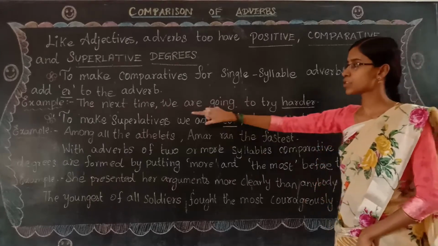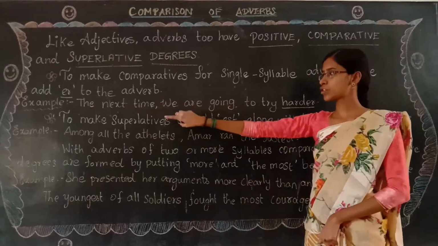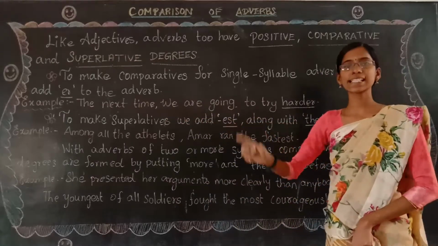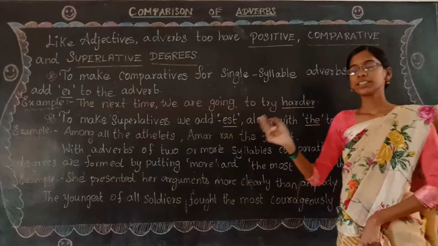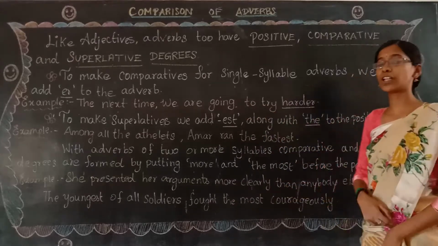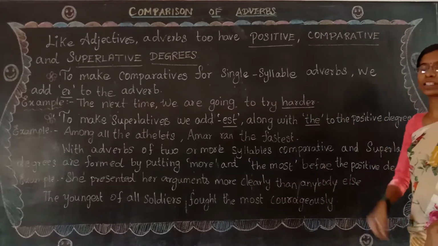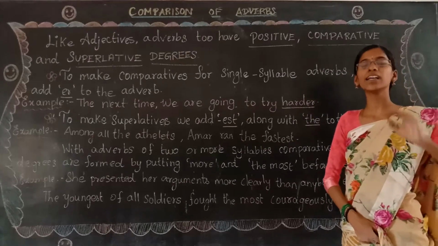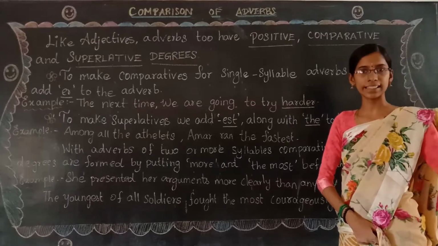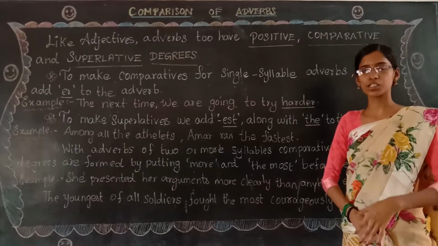So in superlatives, okay, you have to add two things. One is EST after the adverb. The other is you have to add THE in front of the positive degree word. The positive degree word is nothing but the adverb as it is. The adverb you are using in a sentence as it is is known as the positive degree.